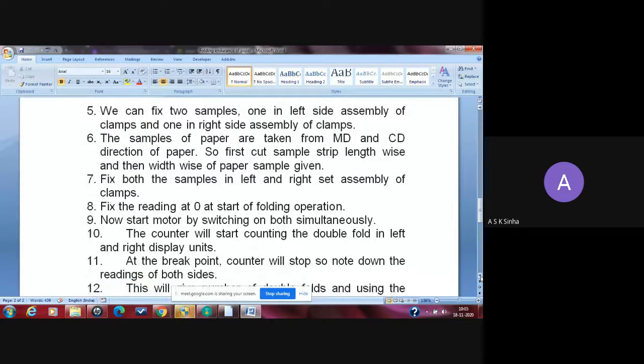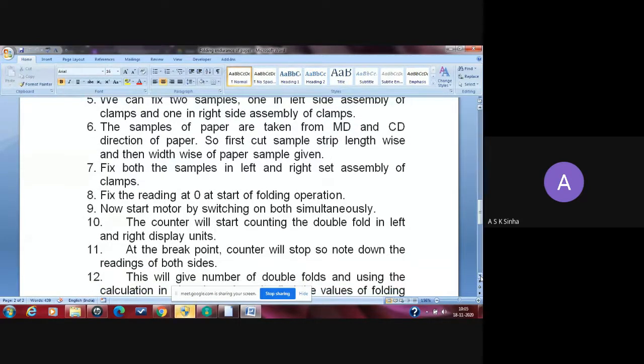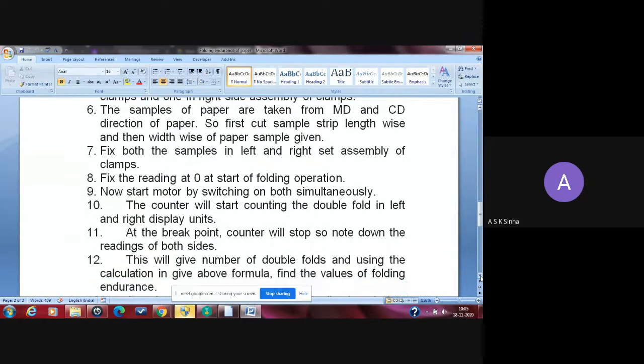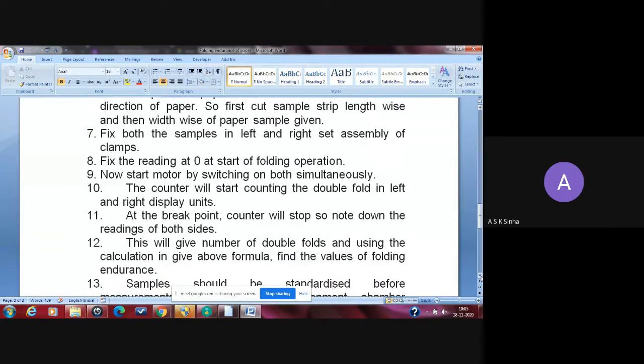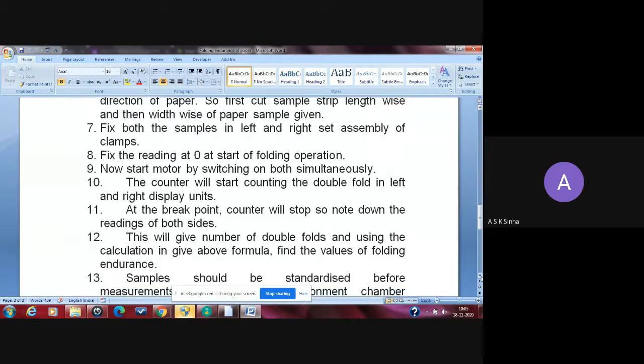So you can see the difference between the strength in the machine direction and cross direction of the same paper. First cut the sample strip lengthwise and then widthwise of the paper sample.